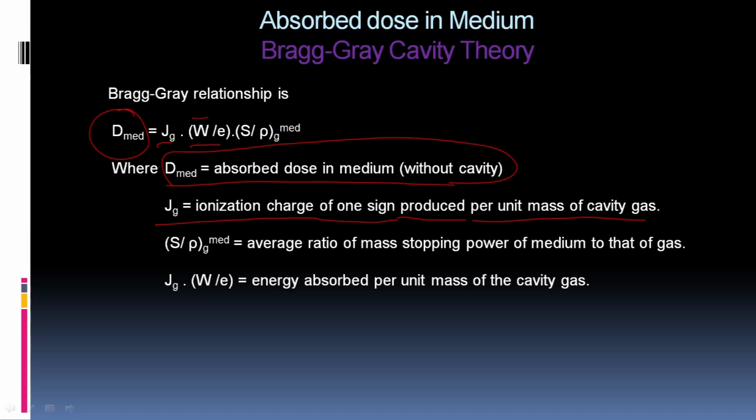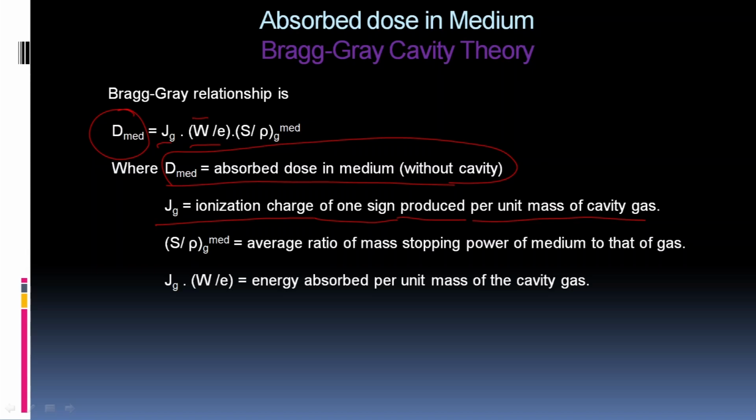Jg is the ionization charge of one sign, it may be plus or minus, produced per unit mass of cavity gas. And S by rho, G to medium, is the average ratio of mass stopping power, because we are considering secondary charged electrons.